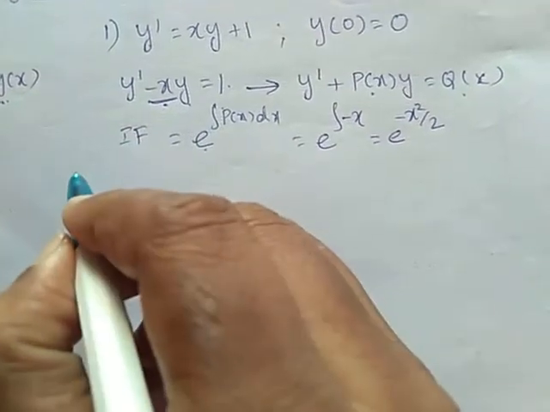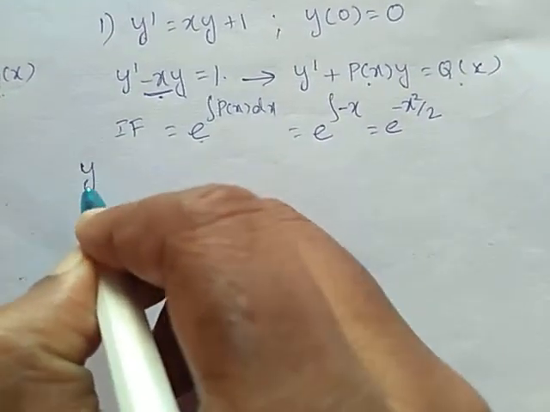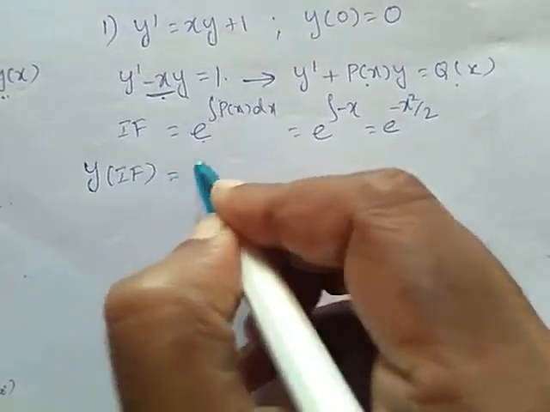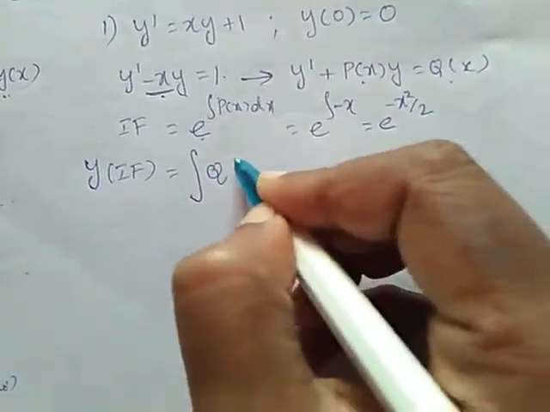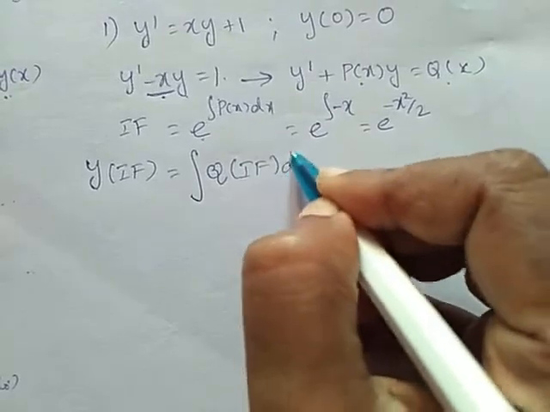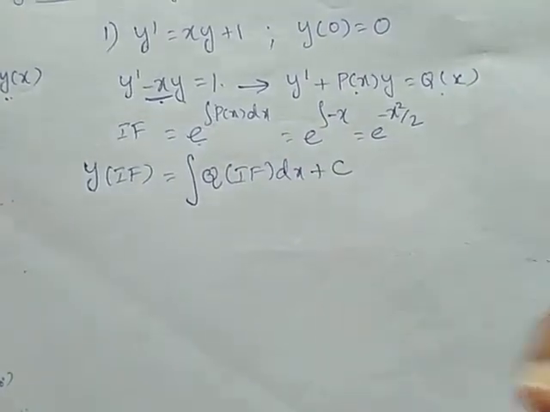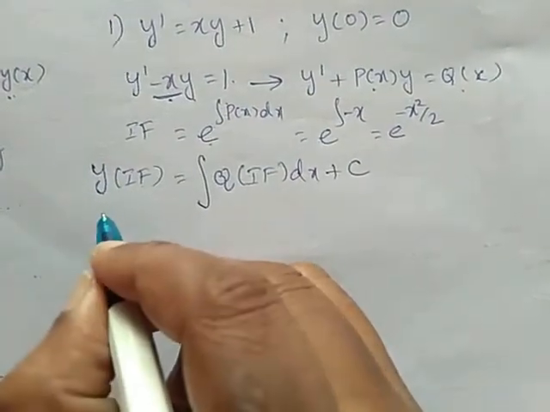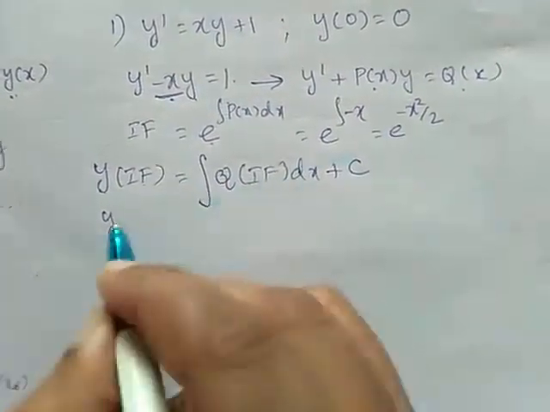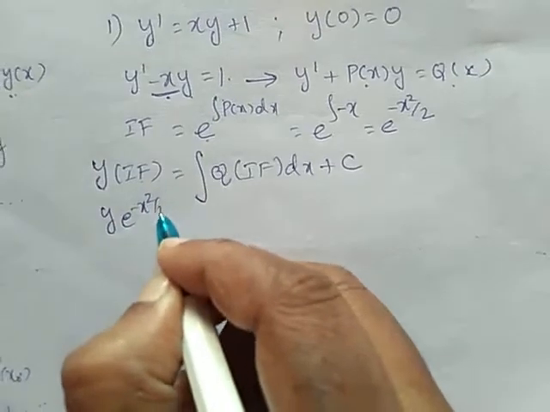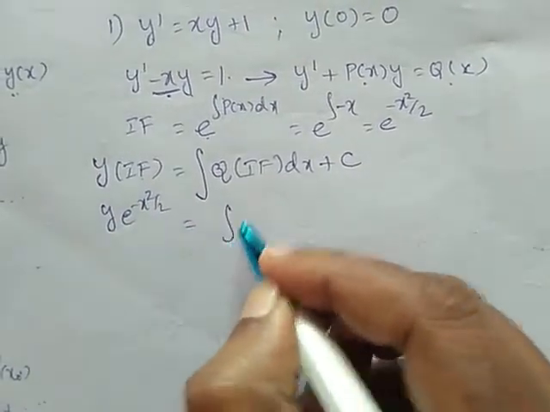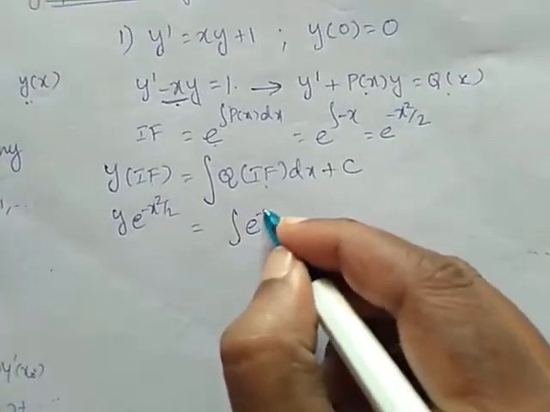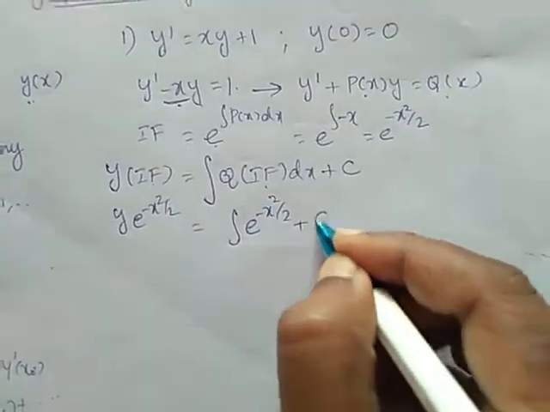Now we have to find the general solution. General solution is y into IF is equal to integral of q into IF dx plus c, where c is our integrating constant. So y into e power minus x square by 2 equals the integral of e power minus x square by 2 plus c.